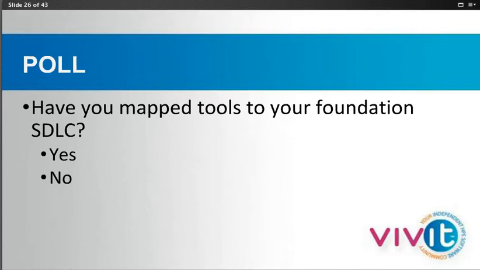Given that half of the people already had this foundation SDLC, I'm interested to see whether those folks have mapped their tools to it. When you think about performance engineering and the capabilities, looking through these different pieces of that foundation, where is it that we have these practices? Where is it that we have everything? So we can go ahead and launch that poll.